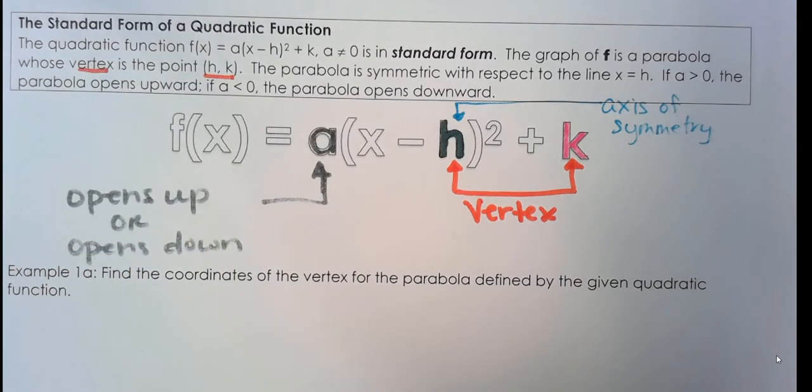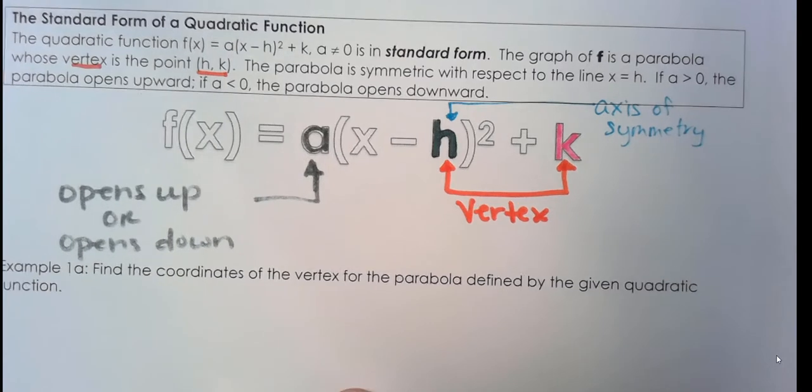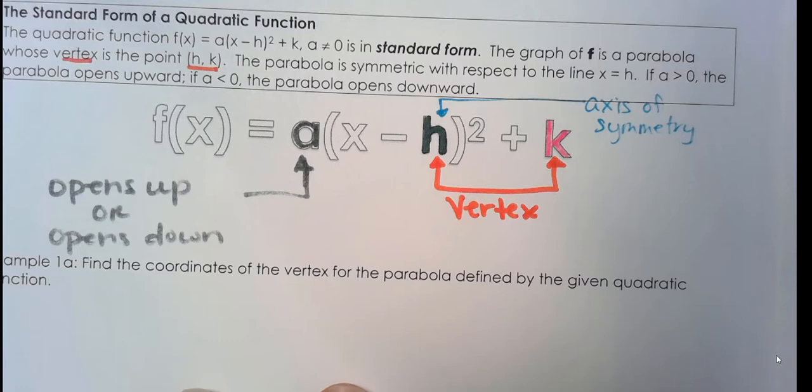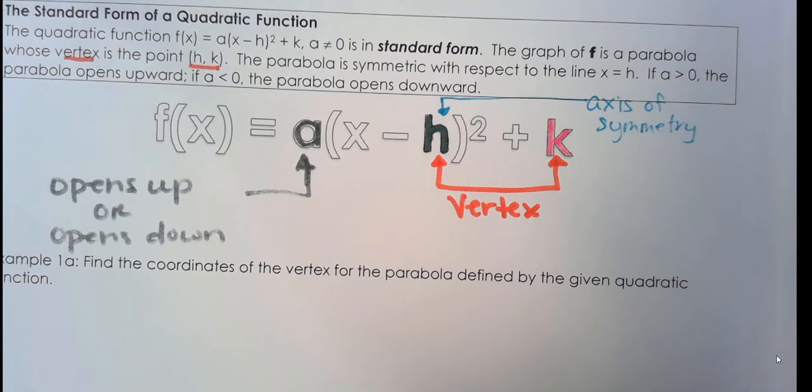All right, so example 1a, it says find the coordinates of the vertex for the parabola defined by the given quadratic function. So let's look at an example of one.